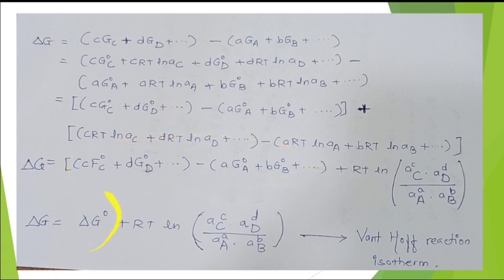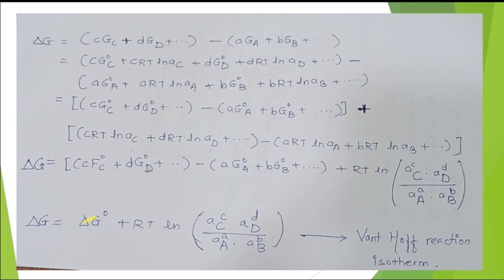So I have written here delta G is equal to delta G standard plus RT ln of activity of C into activity of D divided by activity of A into activity of B. This equation is known as the Van't Hoff reaction isotherm, and here small a, b, c, d represent the number of moles, capital A, B, C, D represent the reacting and product species, and the small a in all four species represents the activity.